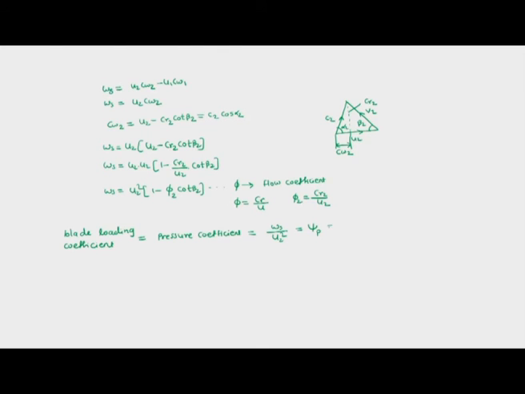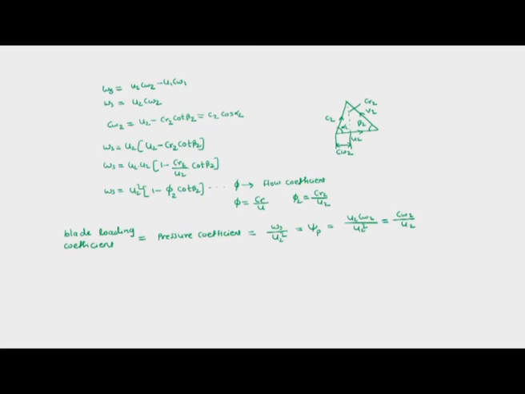We know that stage work is Cw2 U2, so psi p is U2 Cw2 divided by U2 square, so it is Cw2 upon U2. So this is our formula for psi p, which is the pressure coefficient.